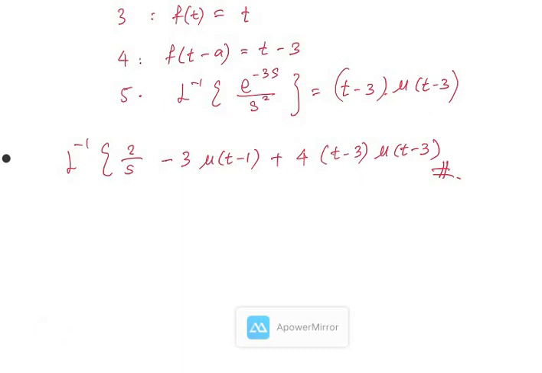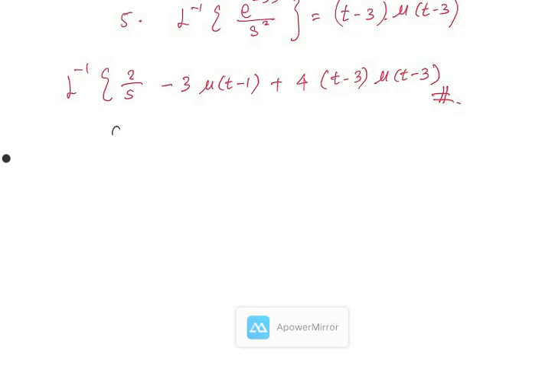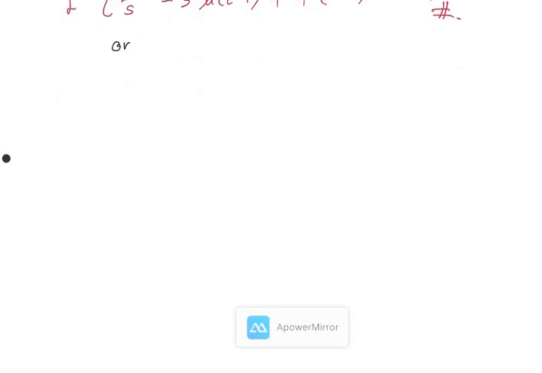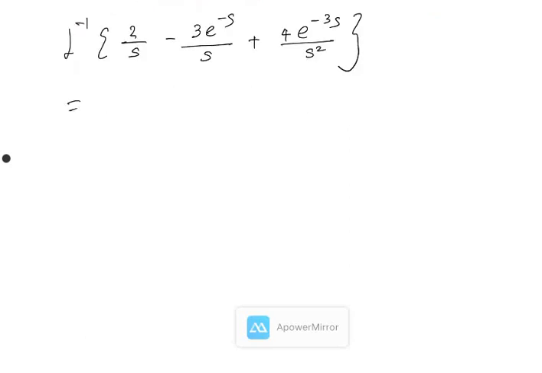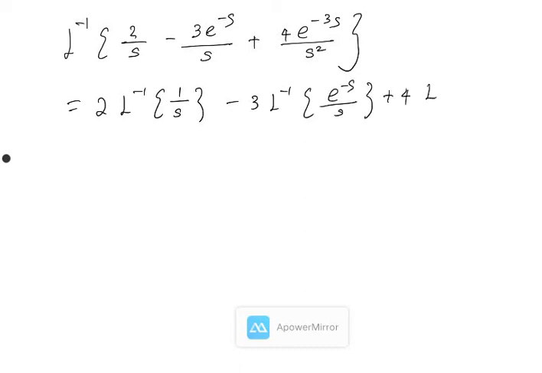Or if you want to use another method, a shortcut, we can also do that. From the question, it is the inverse Laplace transform of 2 over s minus 3 exponent negative s over s plus 4 exponent negative 3s over s squared. So we split it separately: 2 times the inverse Laplace of 1 over s, minus 3 times the inverse of exponent negative s over s, plus 4 times the inverse of exponent negative 3s over s squared.